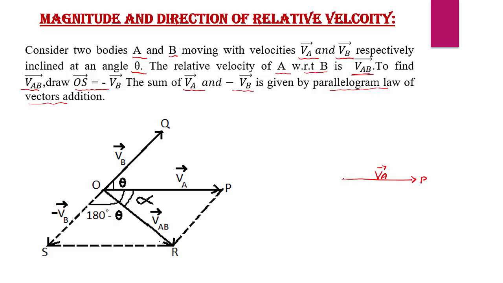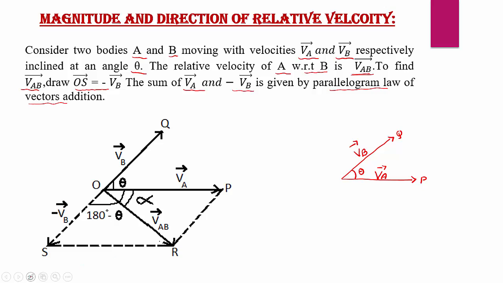Then another body is B. It is moving along Q, and this body B has velocity VB. VA and VB are velocities of the bodies A and B, inclined at an angle theta. Is it clear?